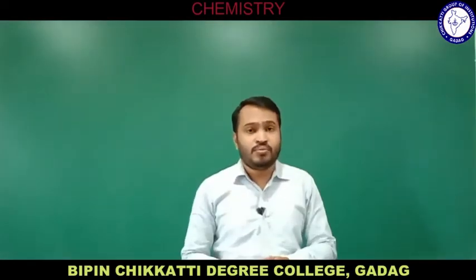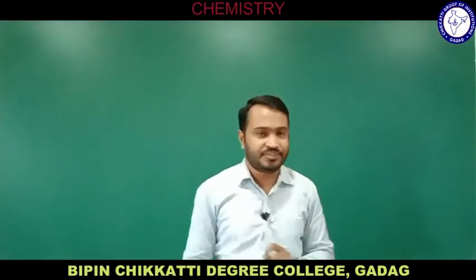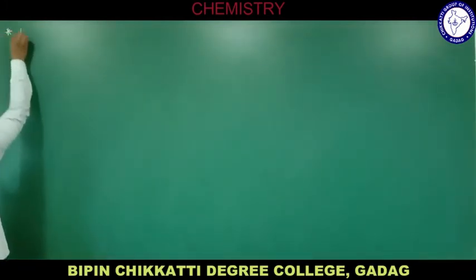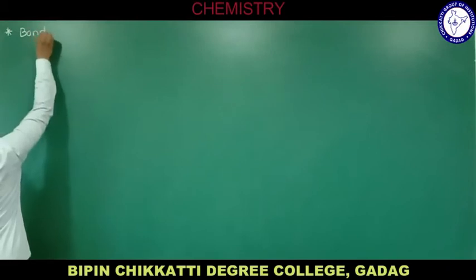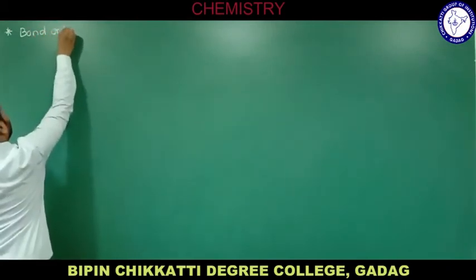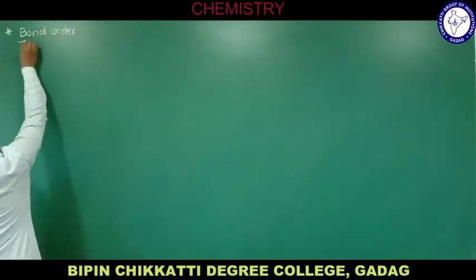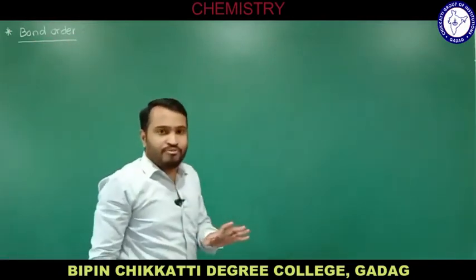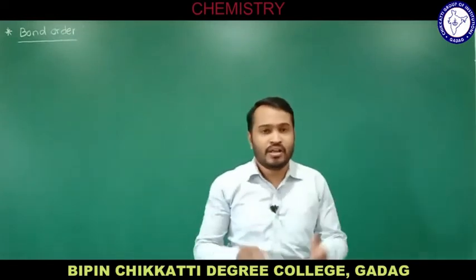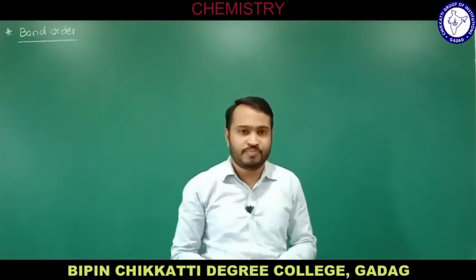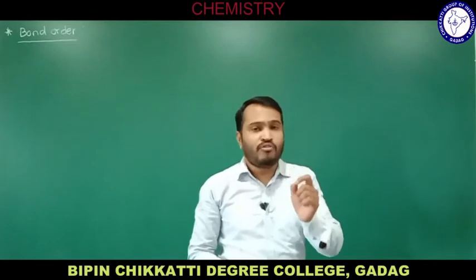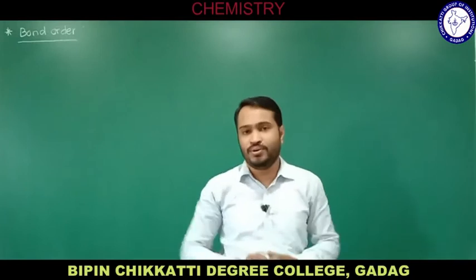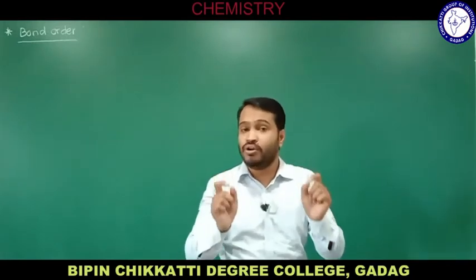Let us know what actually bond order is. If there is mutual sharing of valence electrons, a covalent bond is going to be formed. If you count the number of covalent bonds present in between two atoms of a molecule, that is considered as bond order.